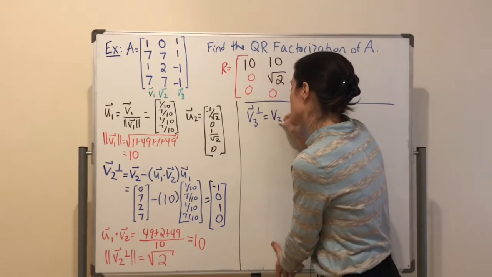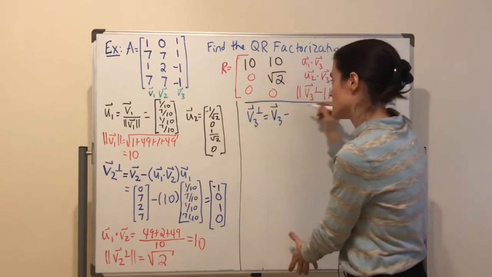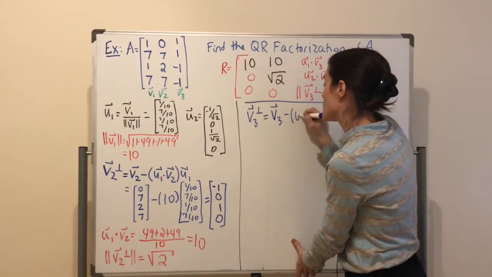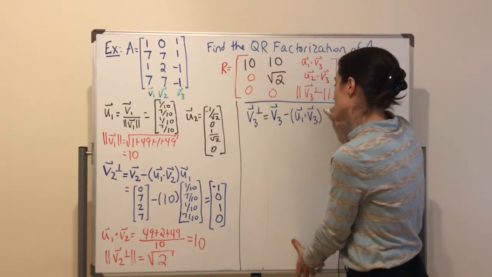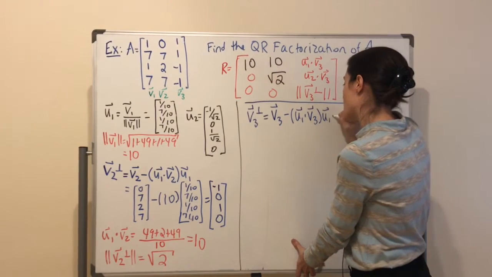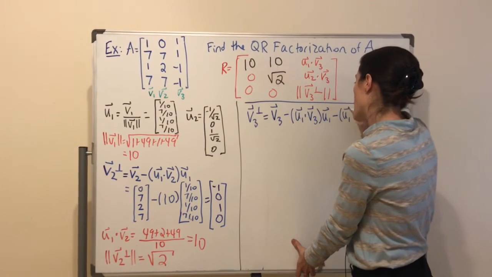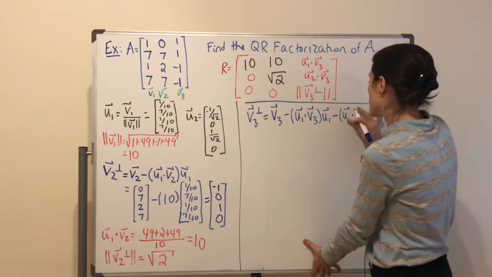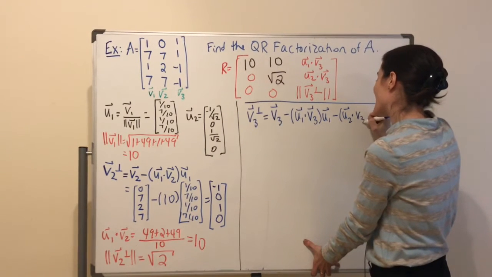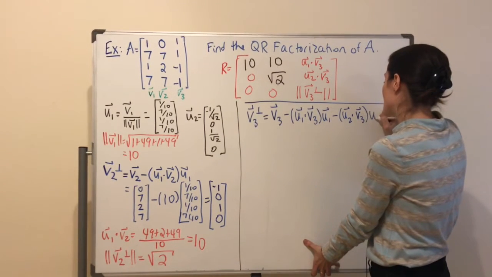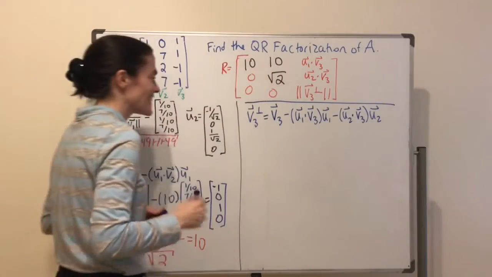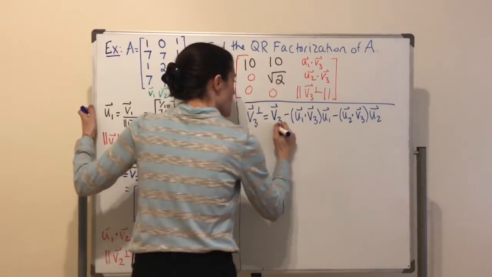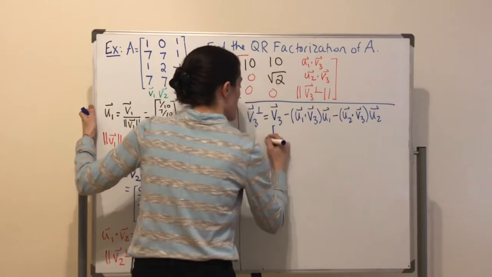But the formula is this, minus, okay, we're going to have U1 dot V3 times U1, and then minus U2 dot V3 times U2.